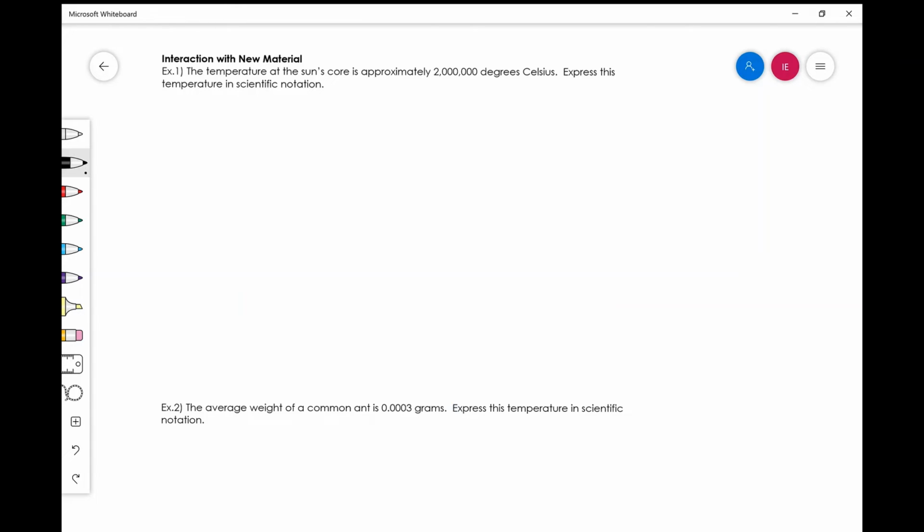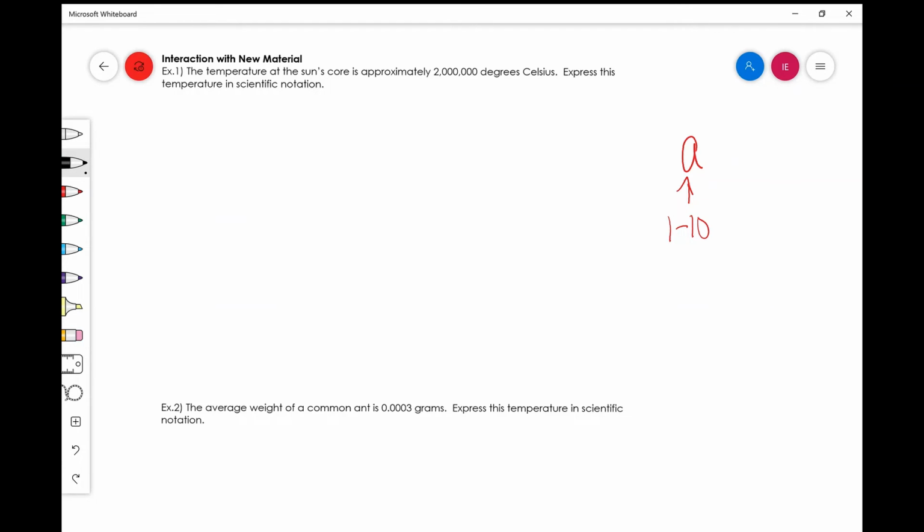Okay, so now we're looking at our interaction with new material. Example 1 asks, the temperature at the sun's core is approximately 2 million degrees Celsius. Express the temperature in scientific notation. First, let's review what scientific notation looks like. I have a number, let's call it A for now, and that number is going to be between 1 and 10.